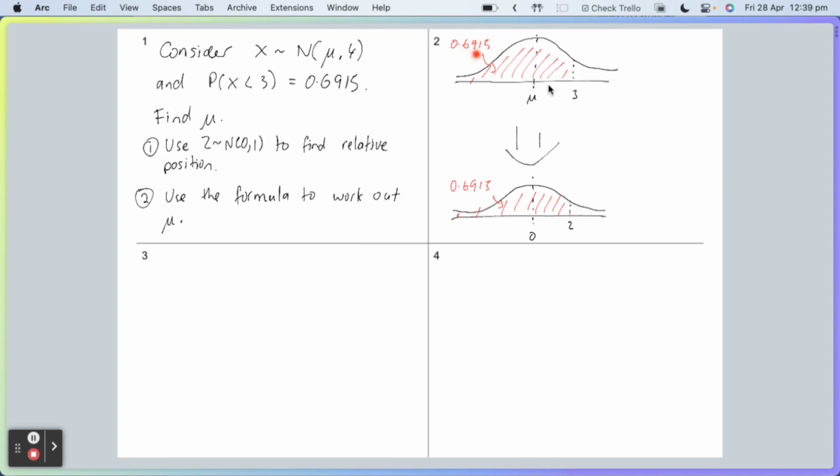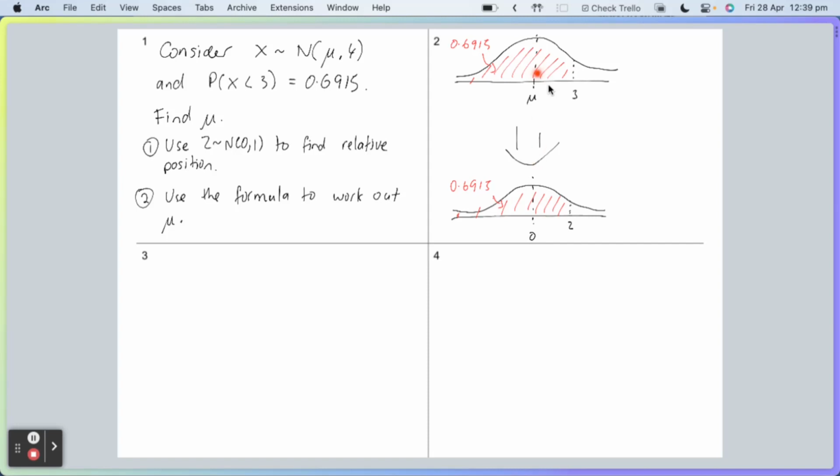Because it's 0.6915, I can say with confidence that 3 is going to be to the right of mu, because this first bit is 50%. So if it's 69.15%, it's going to be above that. I don't know whether 3 is there or there or there. It could be any of those sorts of things, but I would say that it's roughly there.